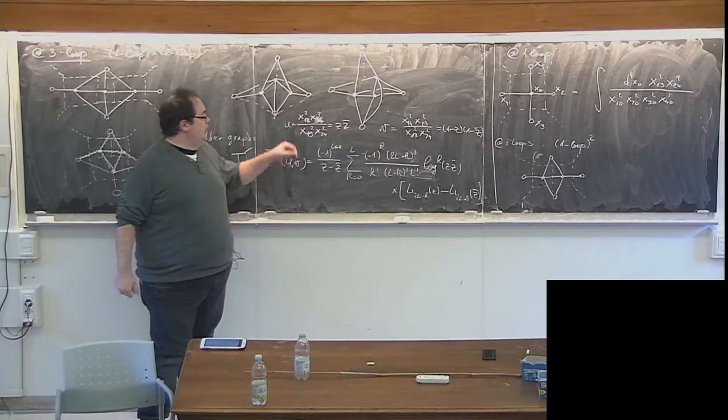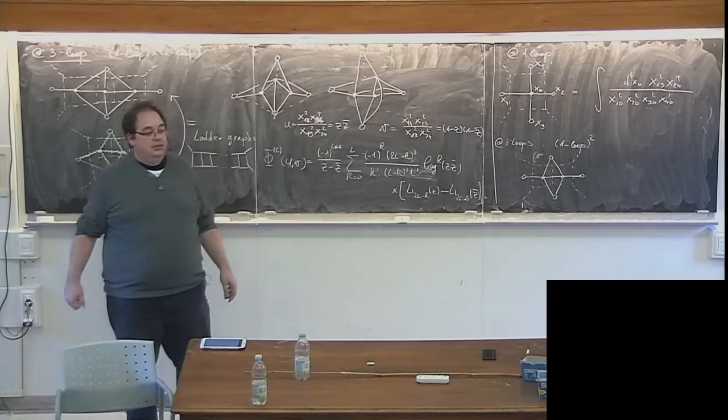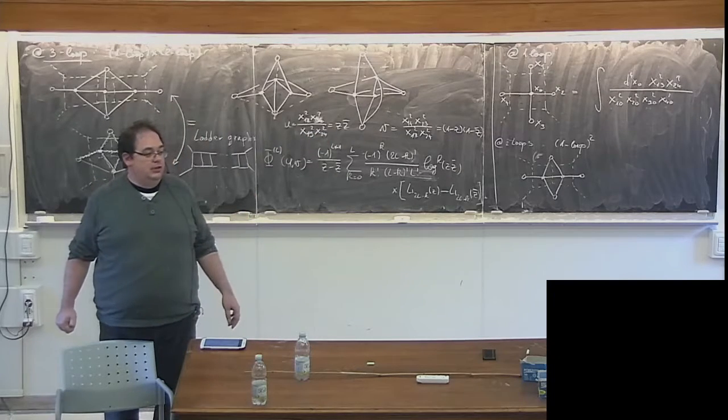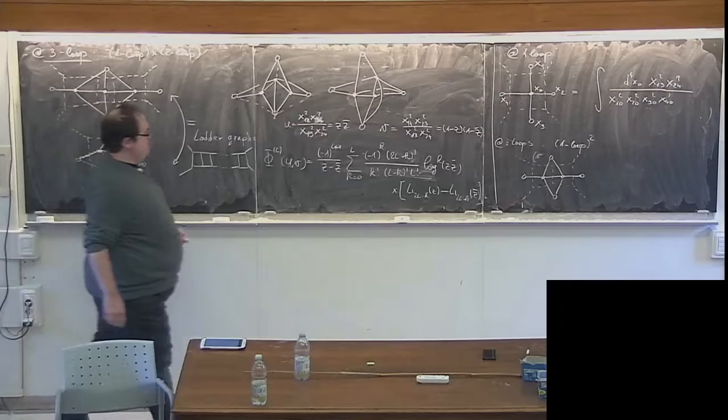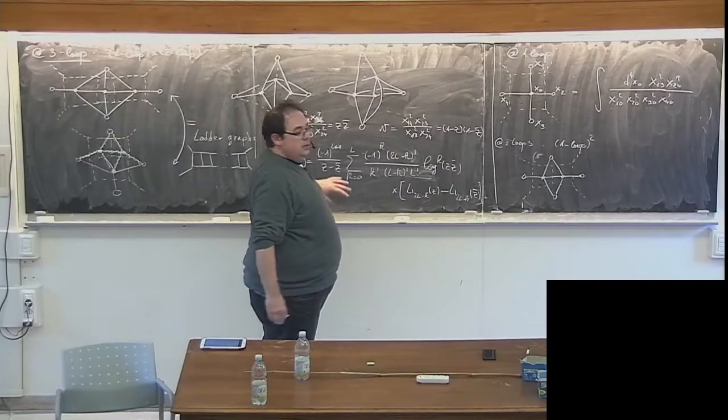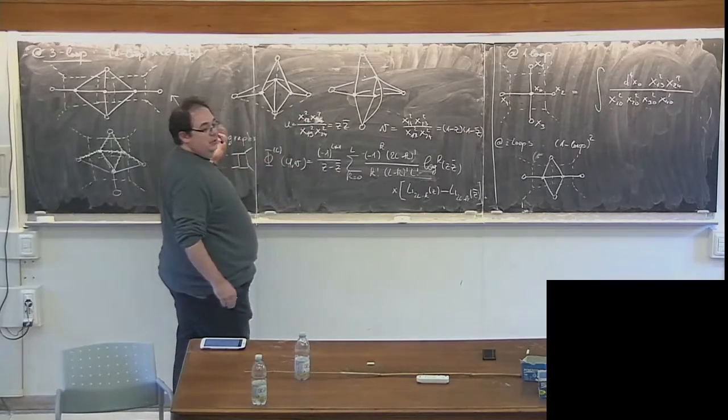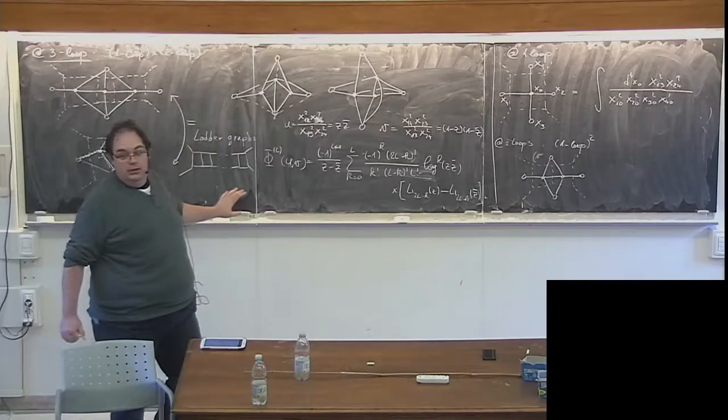You can check these z and z bar and u and v are pretty much the same as what we had in the first lecture for the 3-point function. Now, I'm just throwing this at you because this was stuff that was known 20 years ago, so I don't have to care about it.